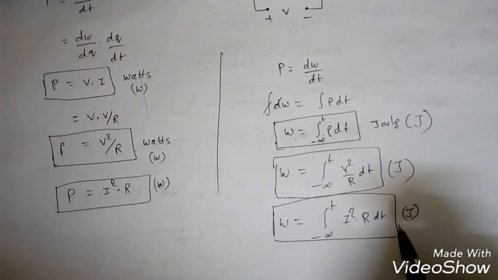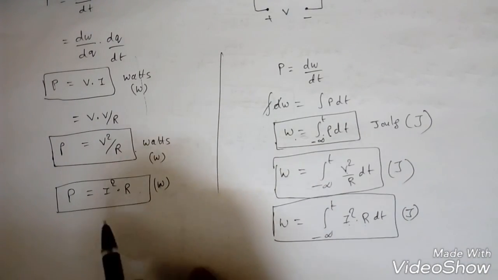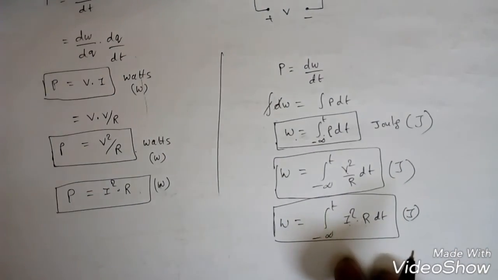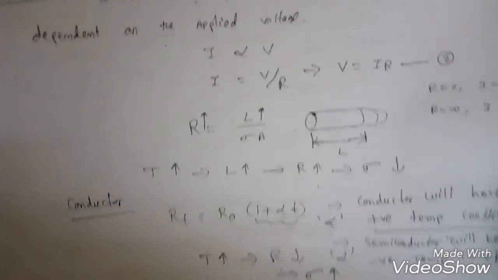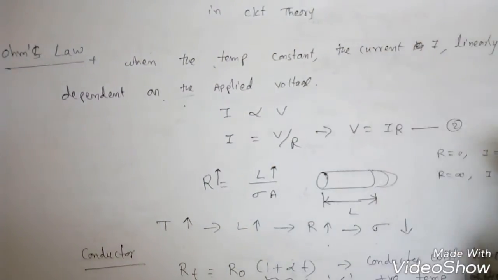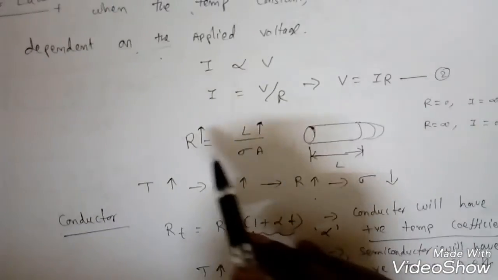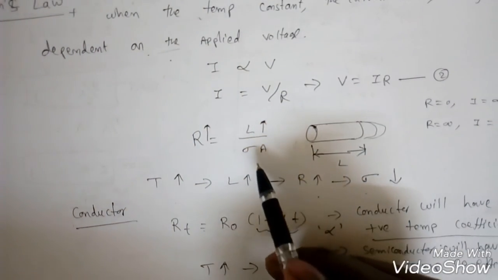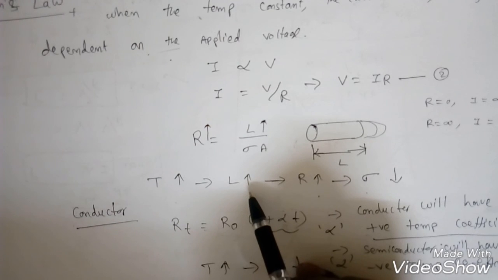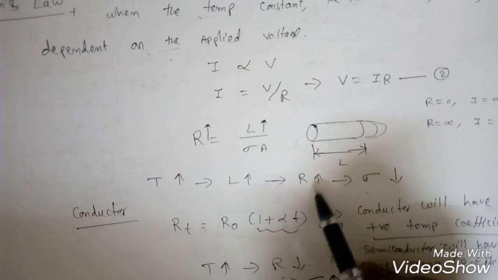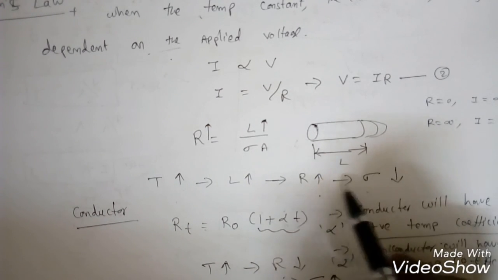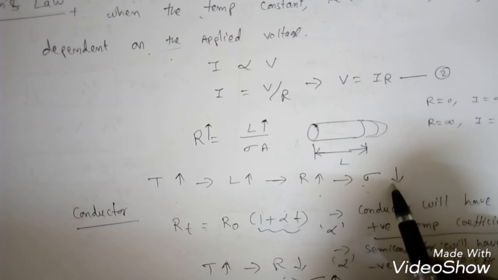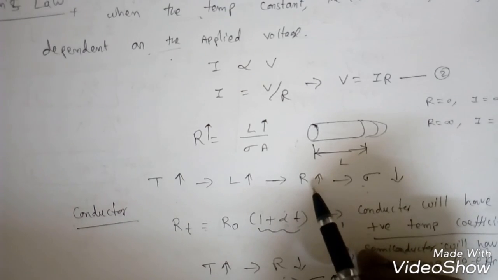So we should know how to find the energy and the power in the resistor and in the conductor. What is Ohm's law in the resistance? In the conductor, how does the resistance change? If the temperature is increasing, the length of that conductor will increase, then the resistance of that conductor will increase, or we can say the conductivity will decrease, or the current will go on decreasing when resistance is increasing.